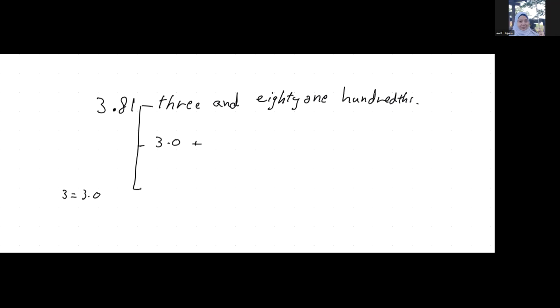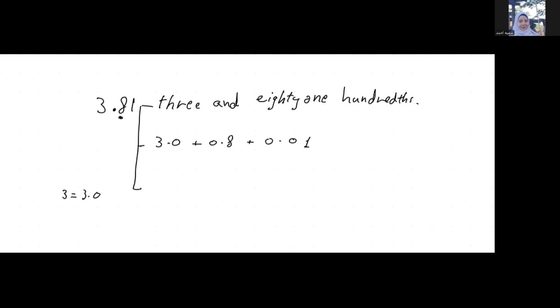Then we take the place value of 8, so we can write 0.8. Then the place value of 1, we can write 0.01. This is its expanded form.